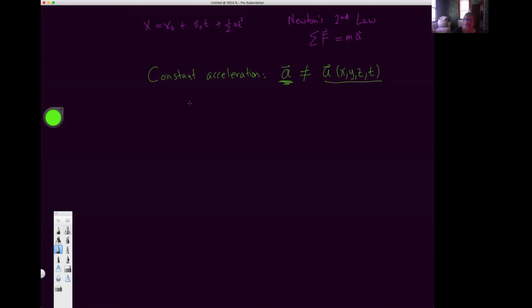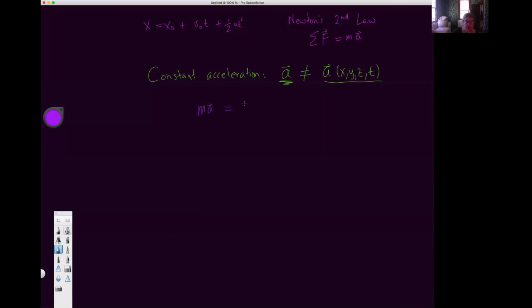So constant acceleration. In that case, let's write down what Newton's law looks like. Let's get our pink back. So we're going to say m A, again, this A is constant, but could be in the X direction, Y direction, and Z direction. I'm going to make it only one dimension in a second, but I'm just going to say it could be all three.